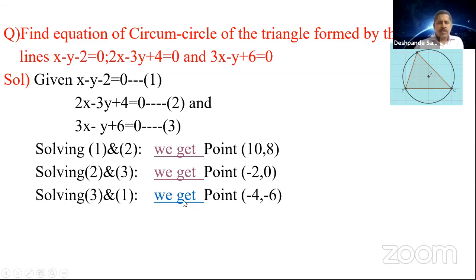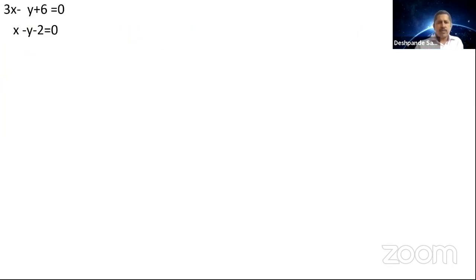So what is the procedure you have got? Again, we have gone for the cross multiplication technique. x, y, 1, coefficient of y, constant, coefficient of x, coefficient of y: -1, 6, 3, -1. Likewise, -1, -2, 1, and -1, then cross multiply.